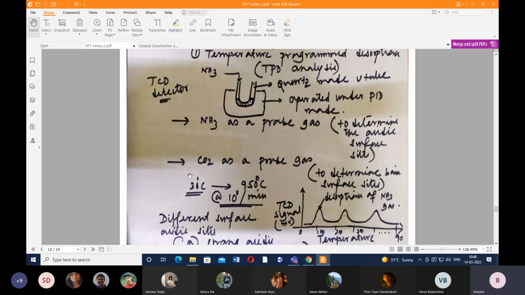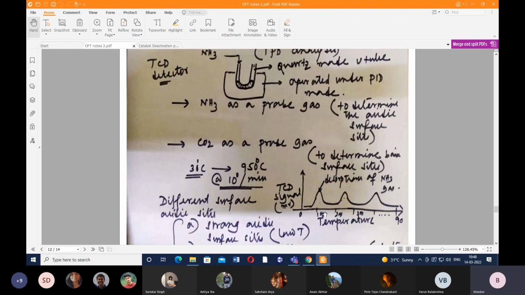We will increase the temperature from 30 degrees Celsius to 950 degrees Celsius at a temperature ramp of 10 degrees per minute. That means in 1 minute there will be a 10 degree increase in the furnace temperature. So we'll allow the furnace temperature to increase from room temperature to 950 degrees Celsius at a ramp of 10 degrees per minute.